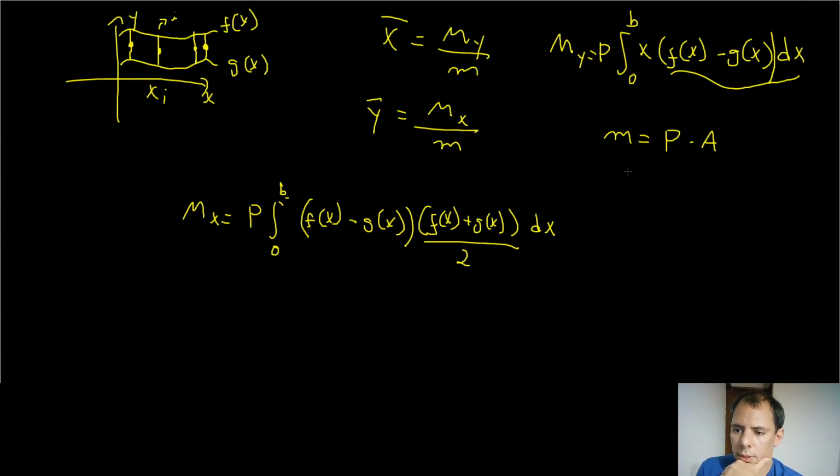I think I had calculated the density here for you guys. Okay, I'll calculate it again. Not the density, the mass. It'll be the density times the integral from f of x minus g of x dx. Okay, integrating with respect to x.